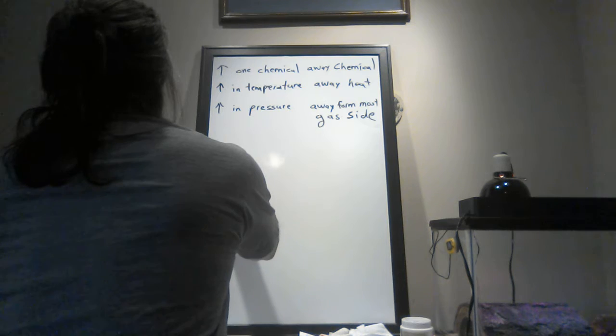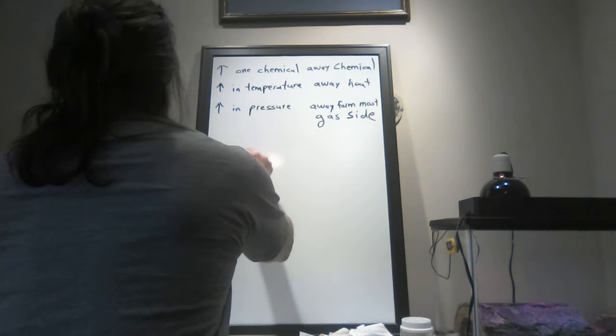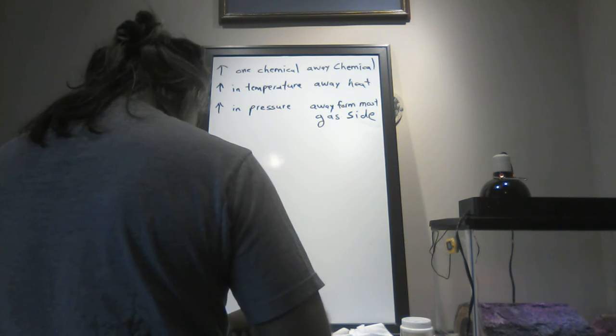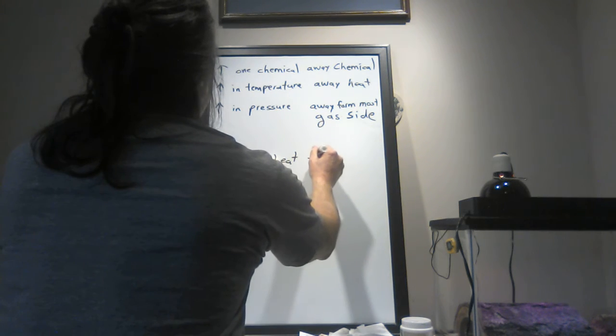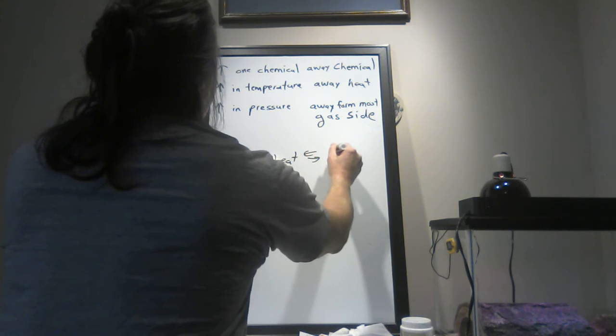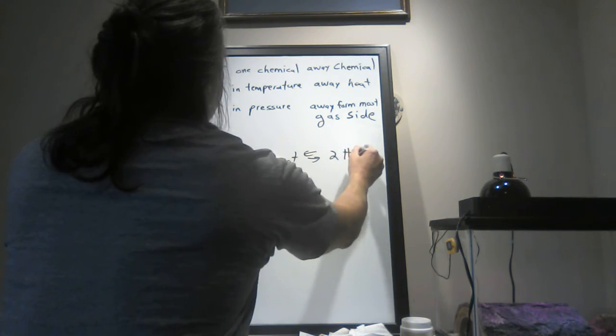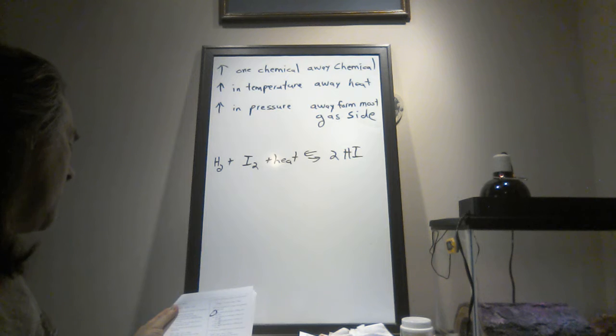H2 plus I2 plus heat yields 2HI. Okay, that's our equation.